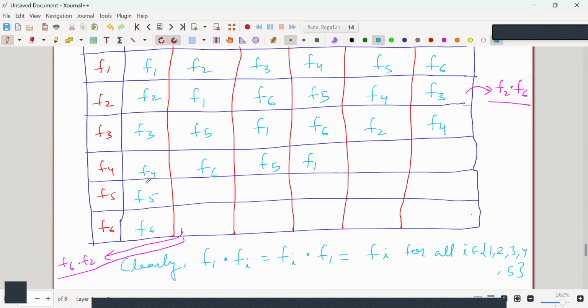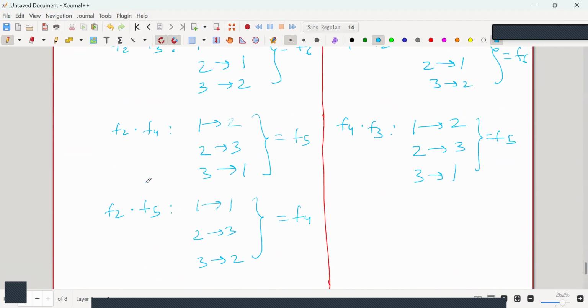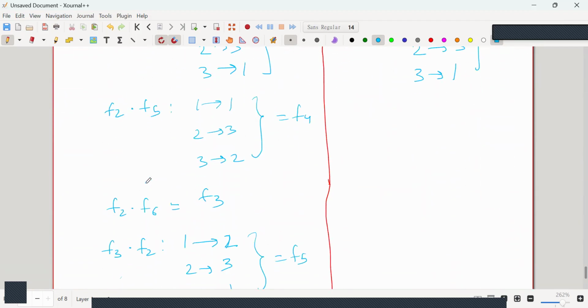So let me just write what is F4 times F5. F4 times F5 is mapping 1, 2, 3, 2, 3, 2 will be fixed, and 3 will be mapped to 1. So this is fixed.